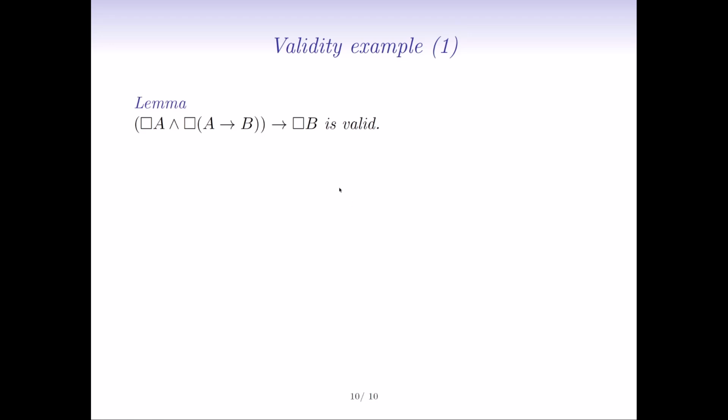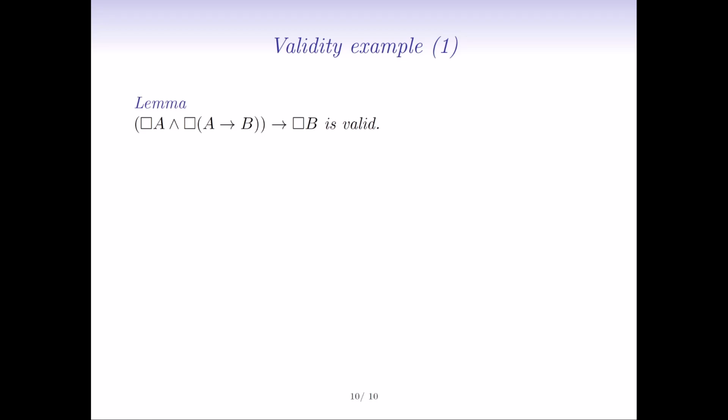Here's a lemma which says that the formula box A and box (A implies B) implies box B is valid. This formula says that if A is true at all accessible worlds and A implies B is true at all accessible worlds, then B is true at all accessible worlds. So if necessarily A and necessarily A implies B, then necessarily B.